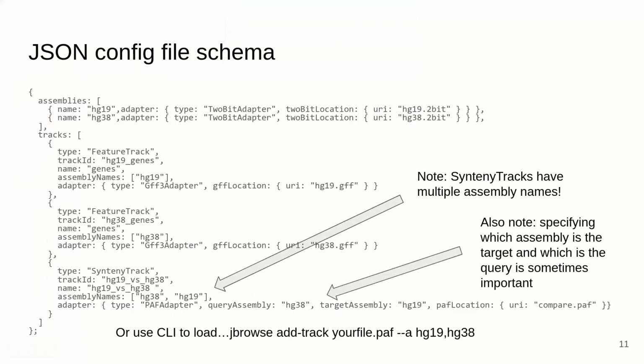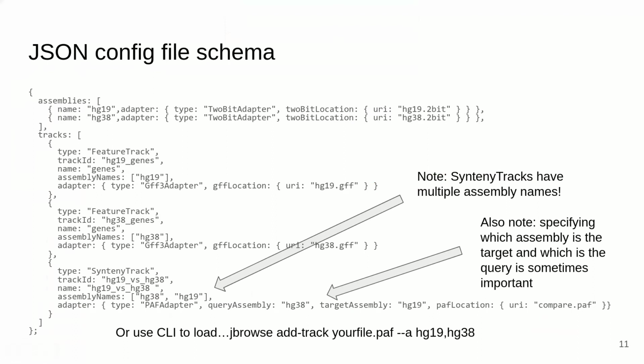Just for a little technical aside, I would like to cover the config file syntax and show how synteny tracks look. So in our config file, we have multiple assemblies. We have, for example, HG19 and HG38, each with their own 2-bit file. We have a gene track for HG19. We have a gene track for HG38. And then we have the synteny track. And we say that it belongs to multiple assemblies using this array of assembly names here.